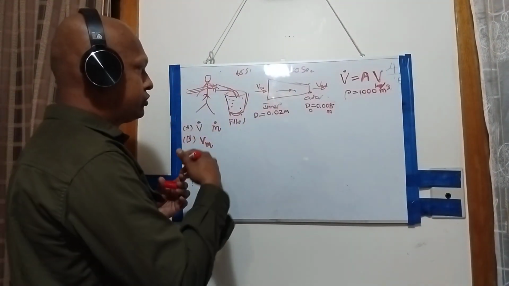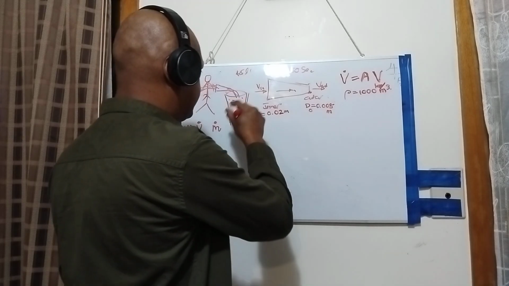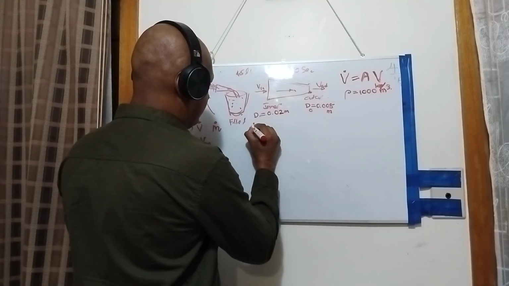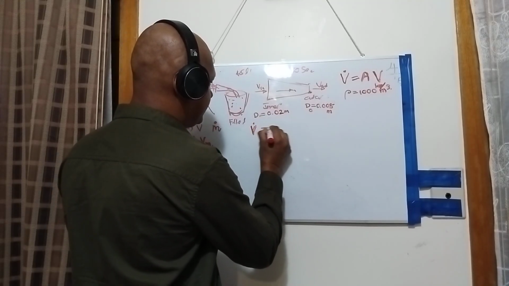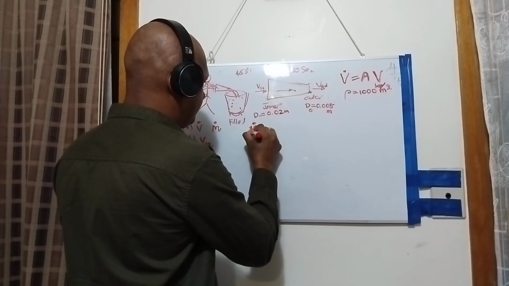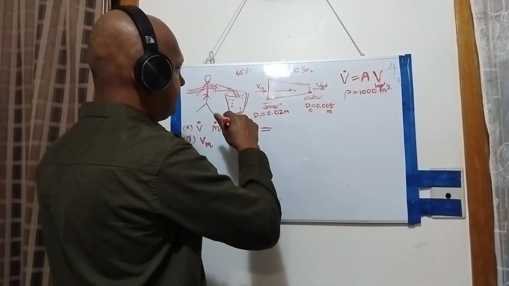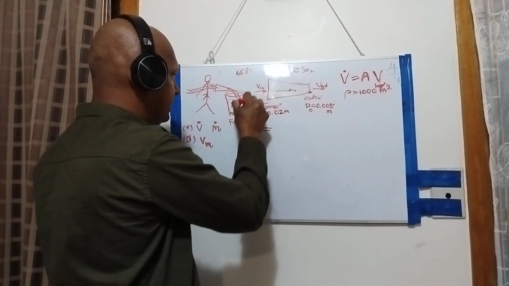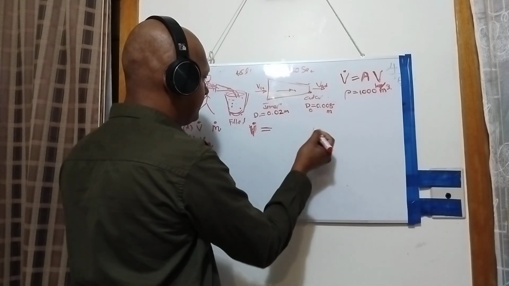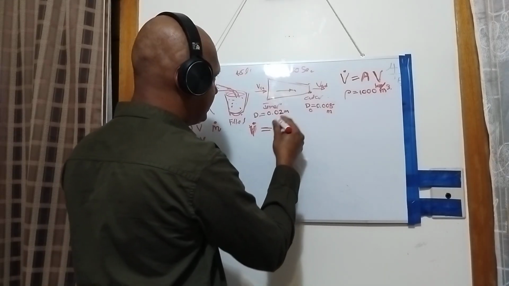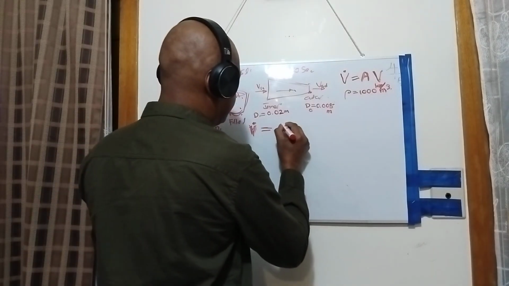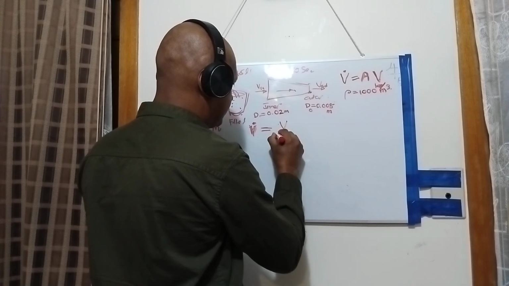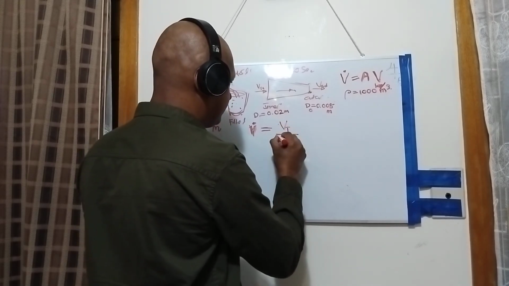In order for this water bucket to get filled, the volume flow rate is going to be equal to the total amount of water needed for the bucket, which is 45 liters, divided by the time.